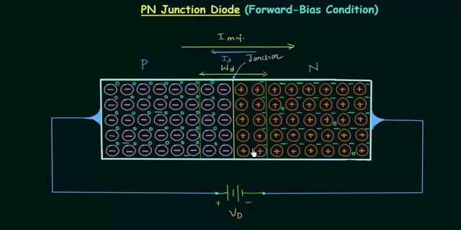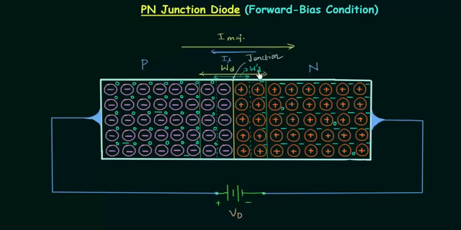And as you already know, in depletion layer we do not have mobile charge carriers but we have immobile ions. So the width of depletion layer will reduce and we have a new depletion region, and let's say this is the new width, and I will call it WD prime.